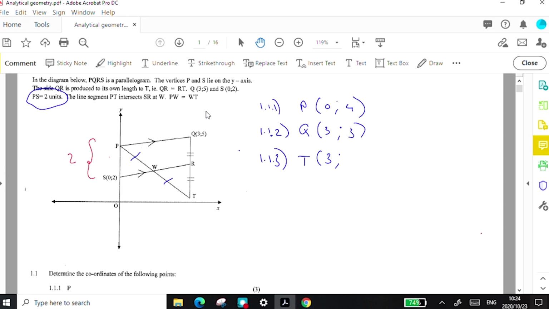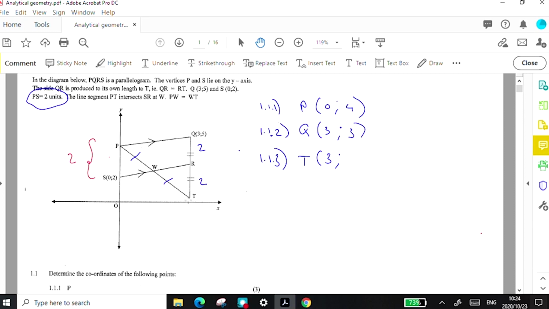So we just need to find the y value of T. Now QR we said was 2 units, and RT is the same as QR, so it should also be 2 units.